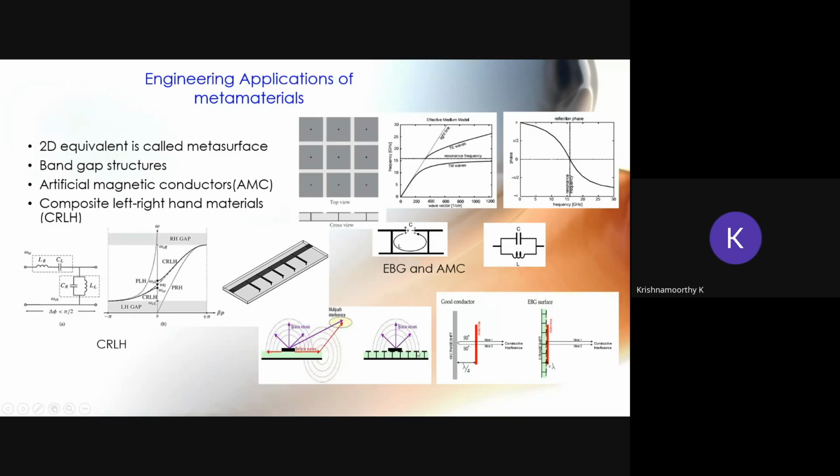It controls the surface wave propagation inside the substrate. Then only the main lobe radiates in the broadside direction, so we can eliminate the side lobes. These are some of the applications of this kind of double negative medium that we call metamaterials.